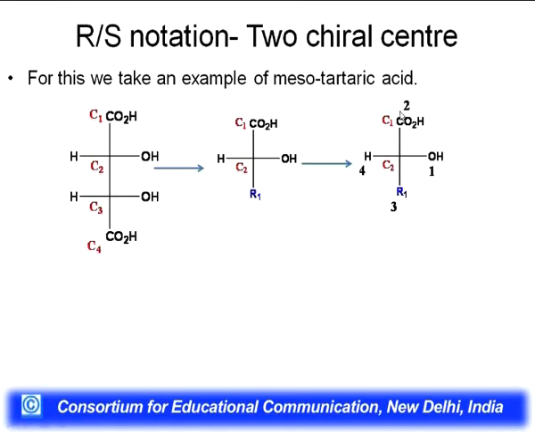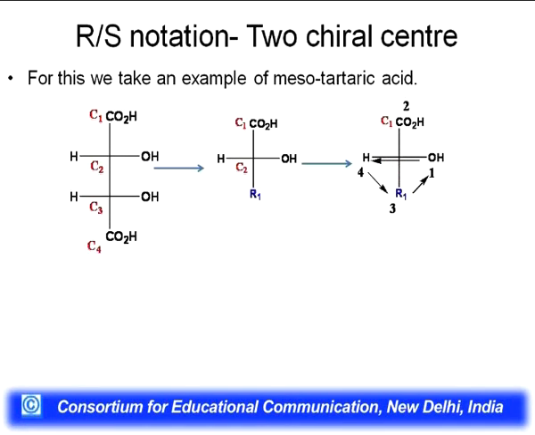You get the second priority on this one. Third priority, this one gets the third priority because the R1 has the carbon attached to the chiral center and it is obviously greater in atomic number than hydrogen. So, hydrogen gets the least priority in this case.